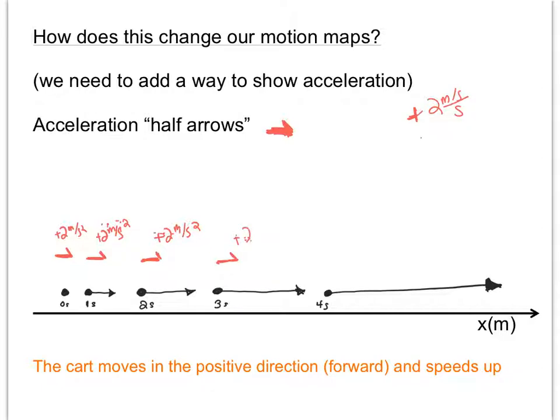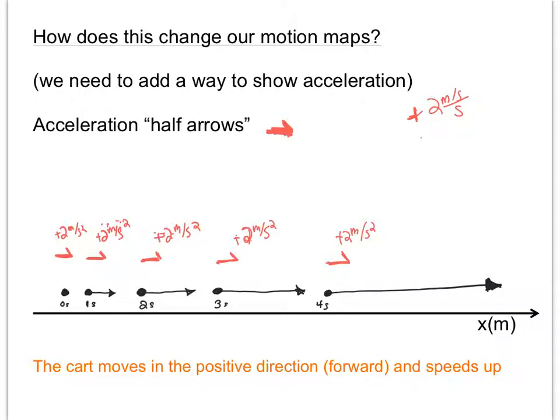Plus 2 meters per second squared. And this one here also gets one. Plus 2 meters per second squared. Now notice that all of these accelerations are the same. In this class, we will only do constant accelerations.